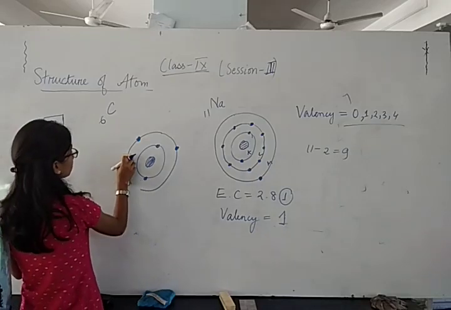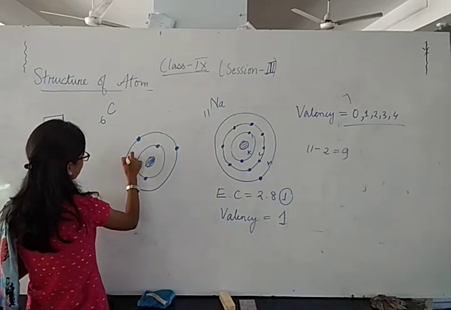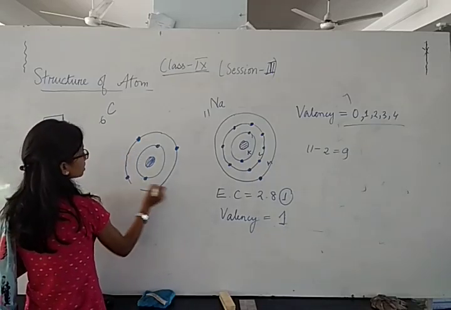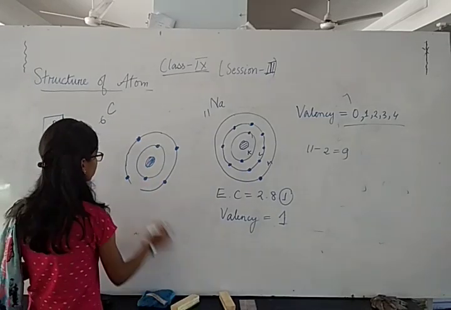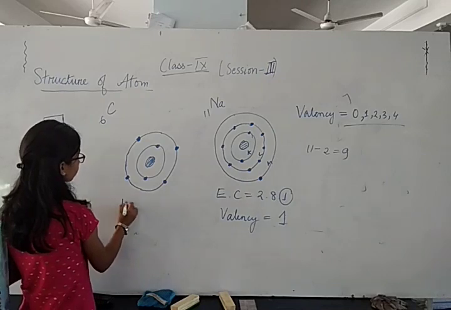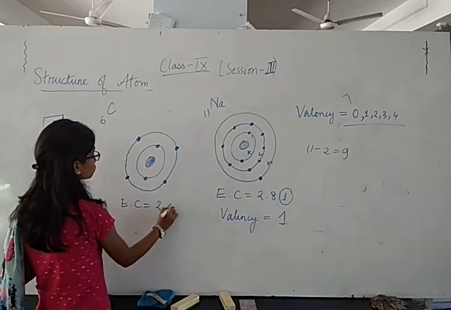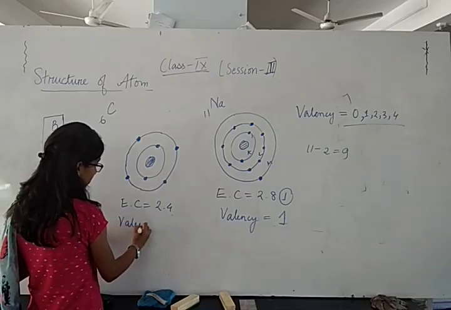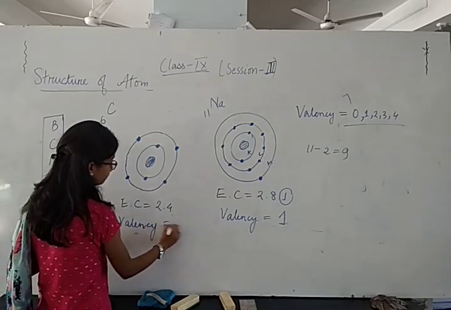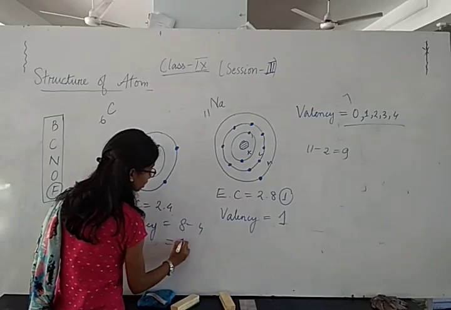Or you can draw it in a better way. See, the structure that you are drawing should be neat and clean. See, there are 4 electrons present in the outermost cell. Therefore, the electronic configuration of carbon is 2, 4. And now how will we calculate the valency? Valency will be equal to 8 minus 4, which is equal to 4.